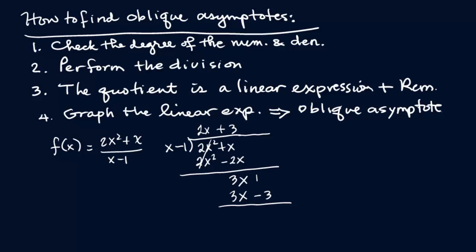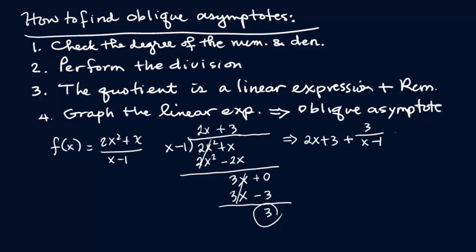So let's add a 0 here. That way you know that 0 minus, so that cancels out, 0 minus a minus 3 is 3. So what you have is a remainder. So what you have here is equal to 2x plus 3 plus the remainder 3 over x minus 1.